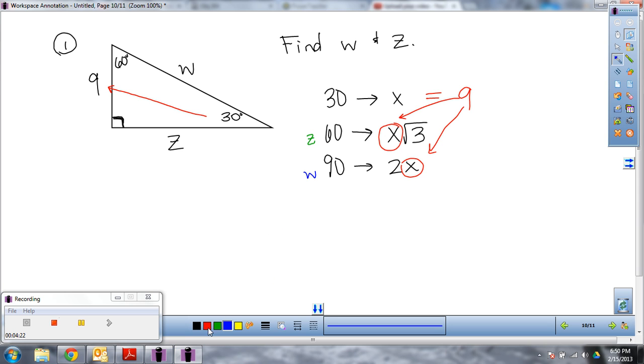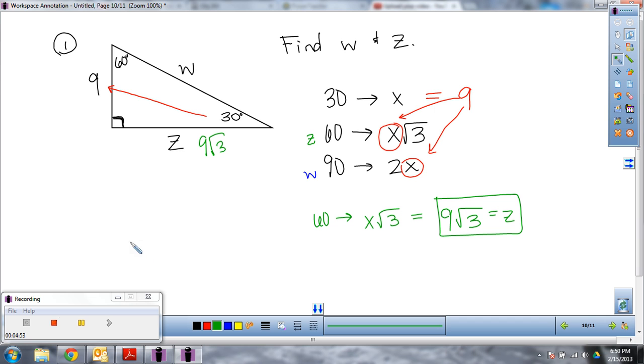So for the 60-degree measure, again, 60 corresponds to x square root of 3. We know that 9 is x, so our 60-degree measure is 9 square root of 3, and therefore we found our Z, which in this picture is 9 square root of 3. Right.